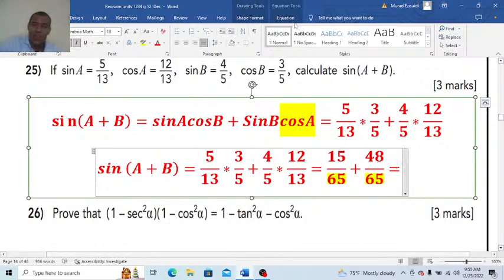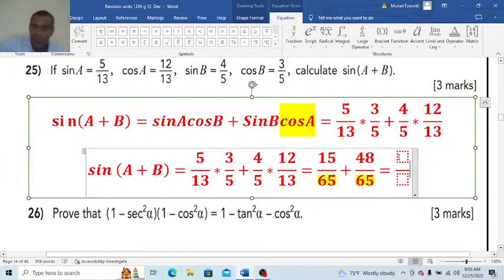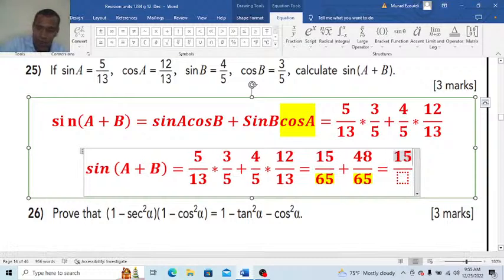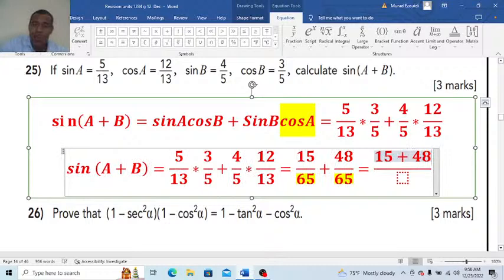So it will be 15 plus 48, 48 all over 65, okay.